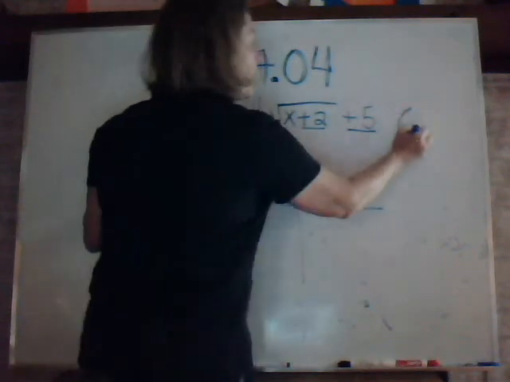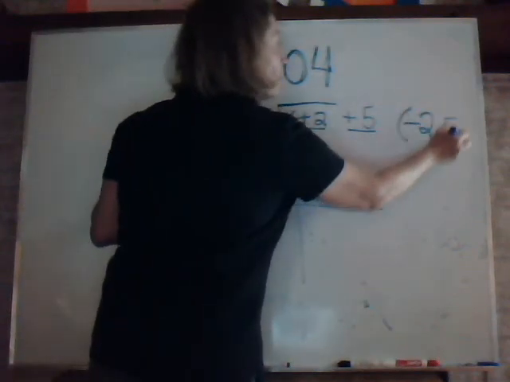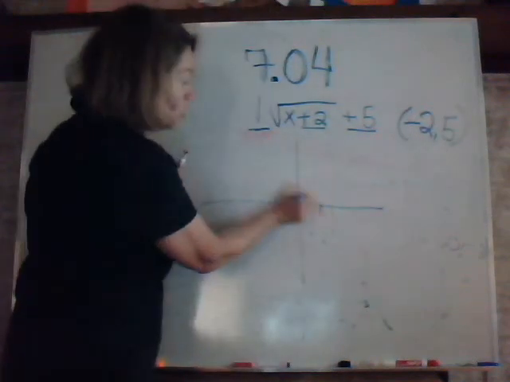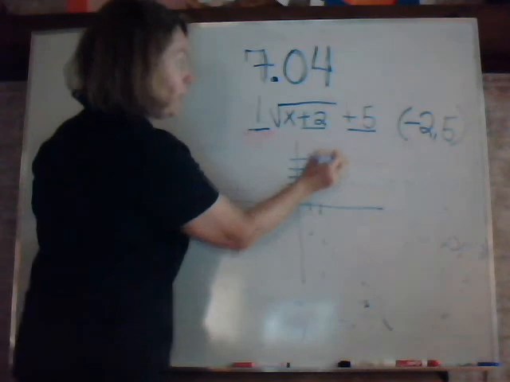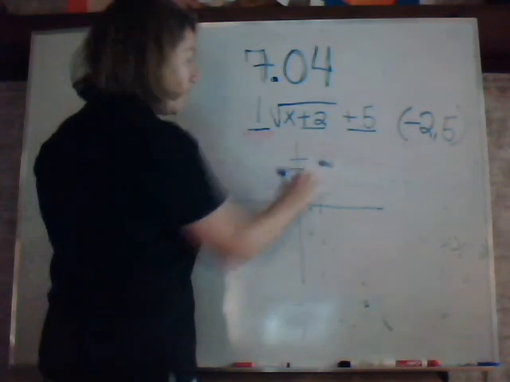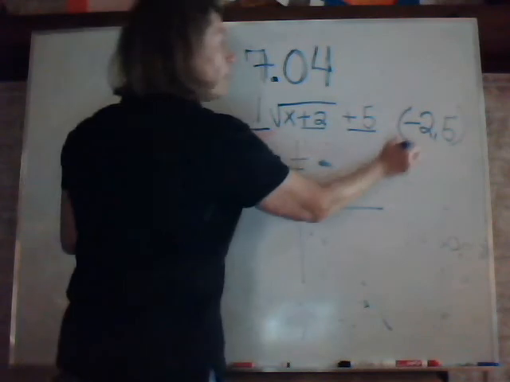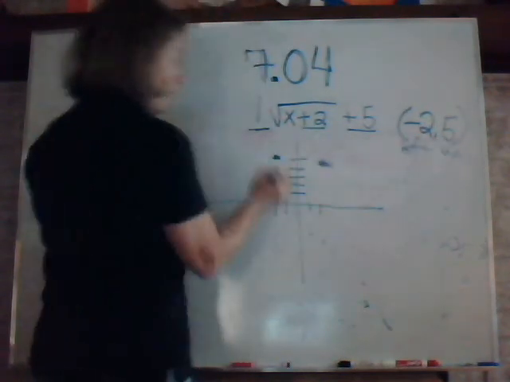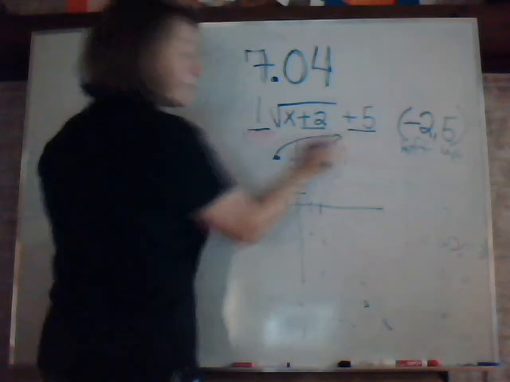But my h, k is negative 2, positive 5. So that means I'm going to start at negative 2, positive 5. So it's got a left shift 2 and an up shift 5. And my curve is going to curve like this.